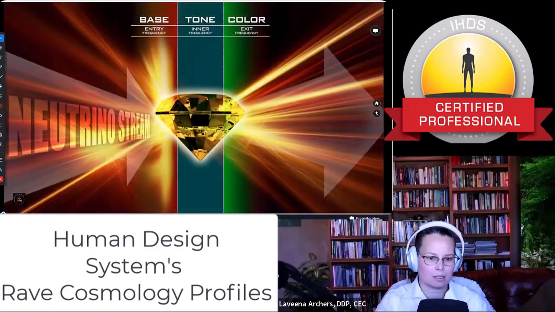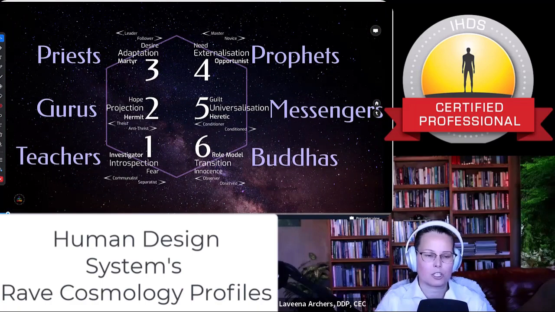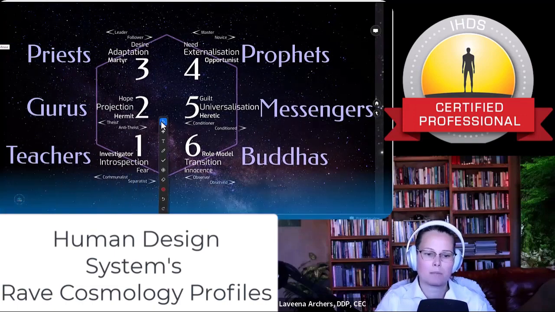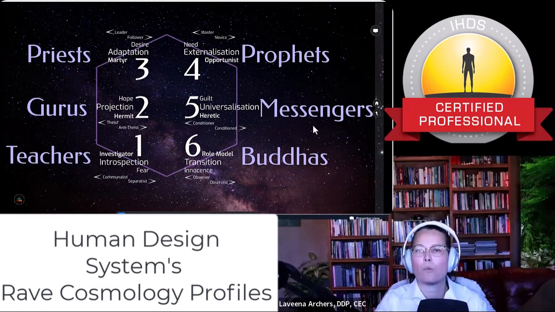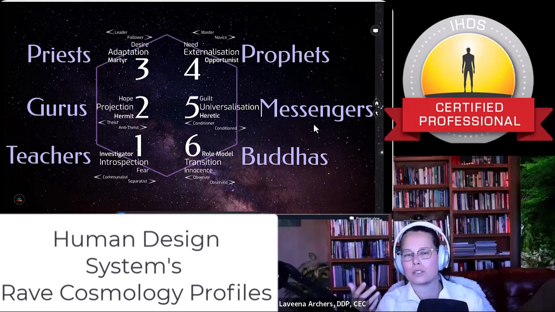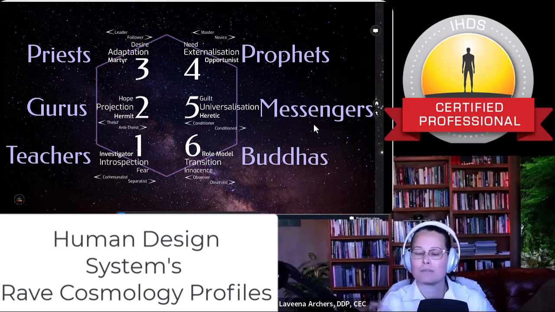So there they are. And here we move into that, which shows us the nature of these archetypal roles that one can be observant of, especially after the fact, or as it's coming out of you somewhere. Recognize that this is speaking one's lines from a color of being a teacher versus being the guru, versus being a priest, versus being a prophet, versus being a messenger, versus being a Buddha.